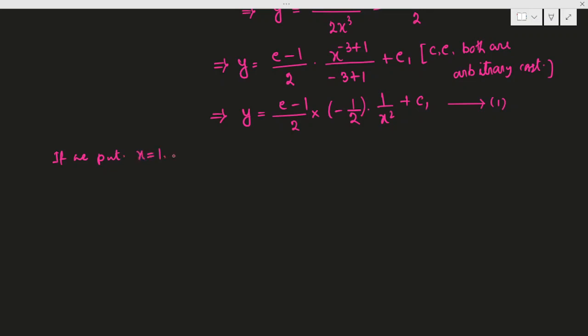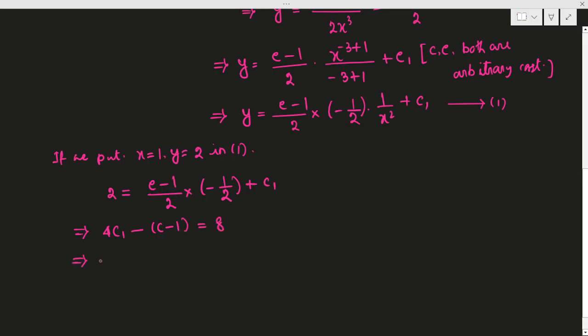Then we get here 2 is equal to (c minus 1) by 2 into minus half plus c1, and calculating it we get 4c1 minus c minus 1. It will be 8, that is 4c1 minus c will be 7. Let us note it as equation 2.